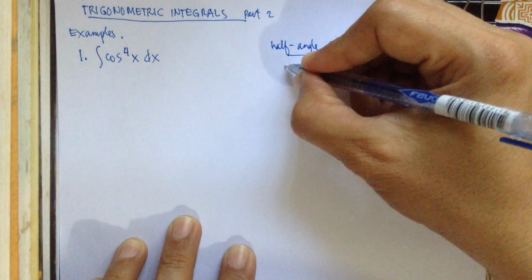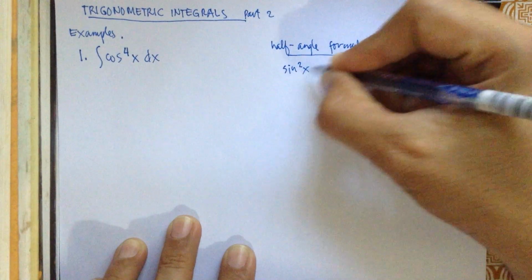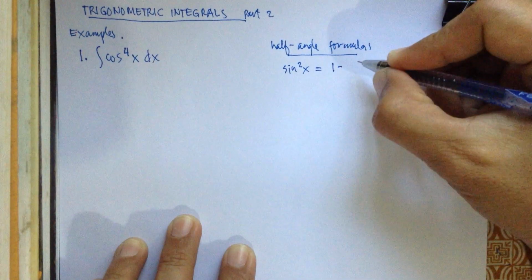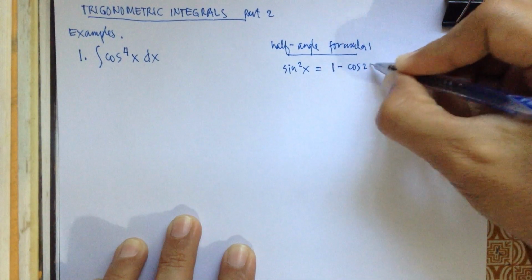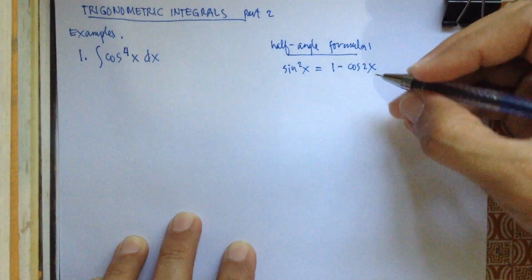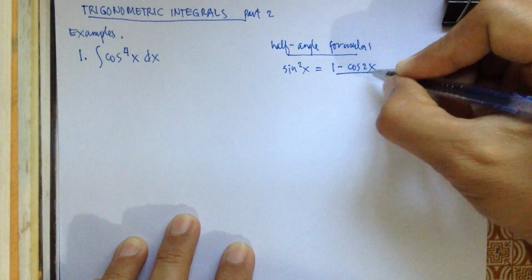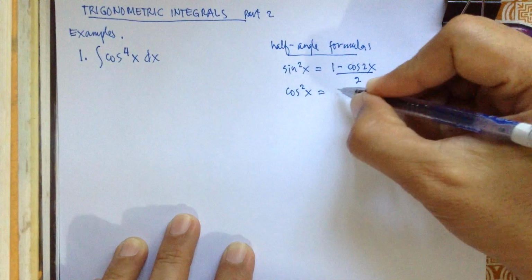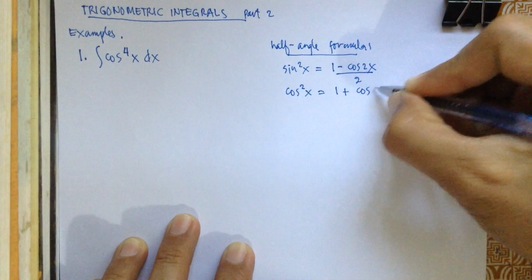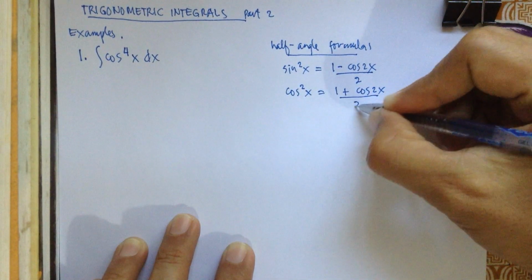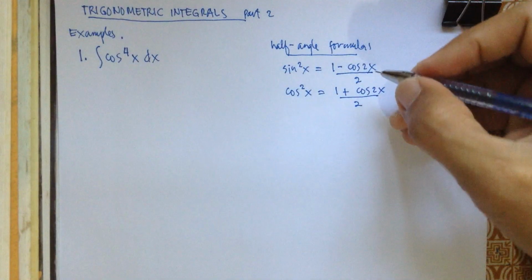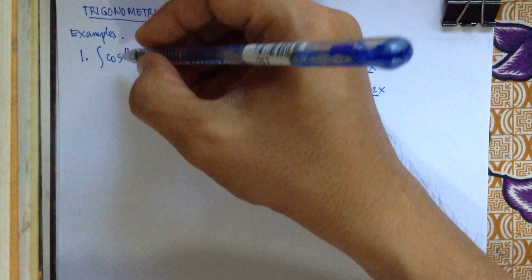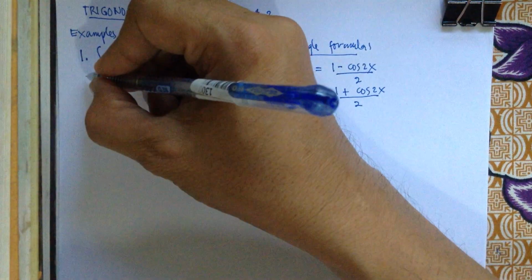The first one is for sine squared x, which is equal to 1 minus cosine 2x over 2, and the expression for cosine squared x, which is 1 plus cosine 2x over 2. Okay, so let's compute for the integral of this one.